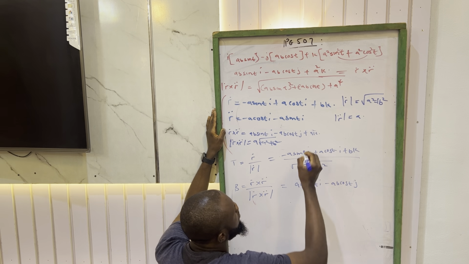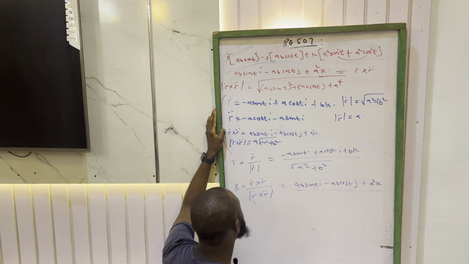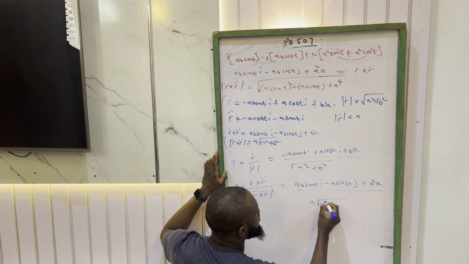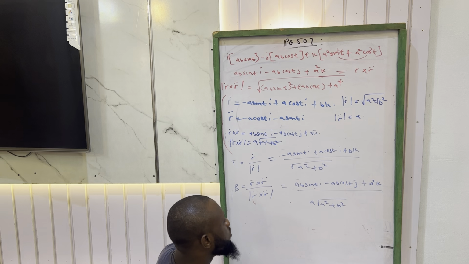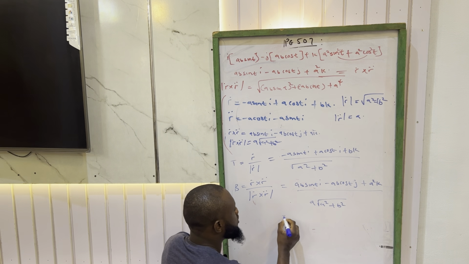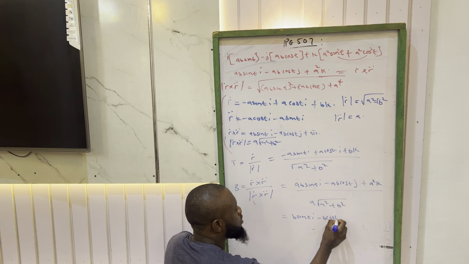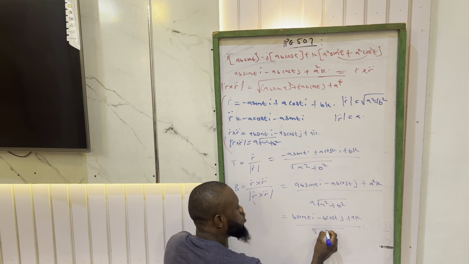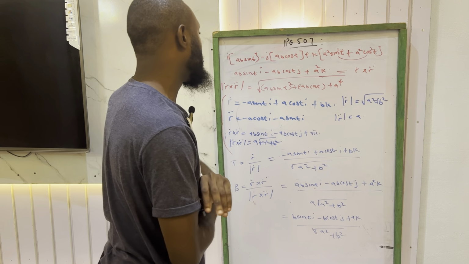This ought to be a squared, then plus a squared k all over this, because this gives us a open bracket a squared plus b squared. So we have a in common here, which we might decide to eliminate. So eliminating this gives us b sine t i minus b cos t j plus ak all over square root of a squared plus b squared. So we have our tangent and we have our binormal.